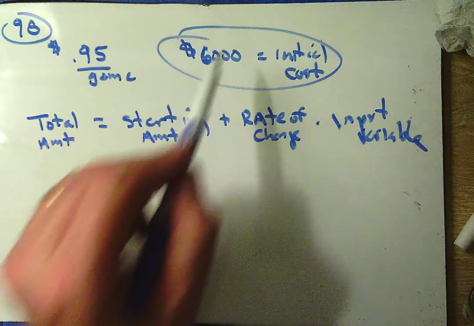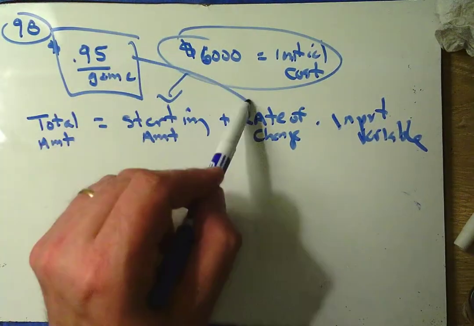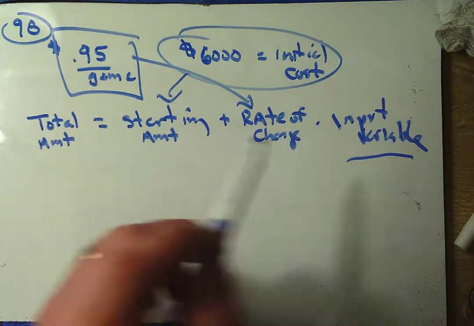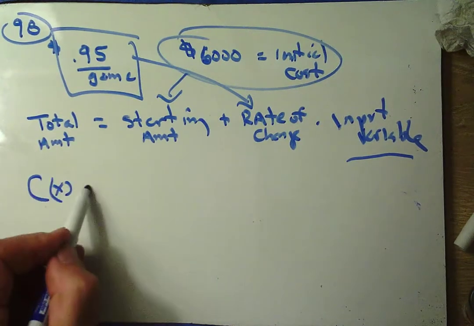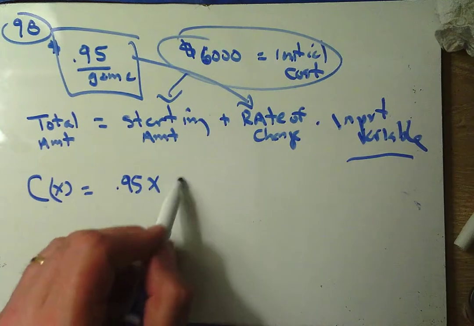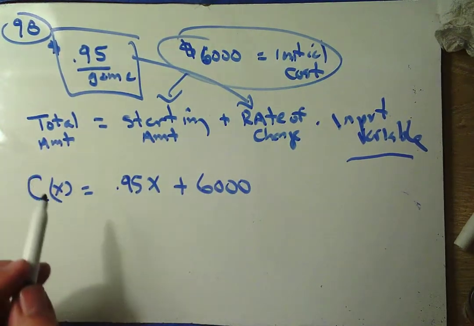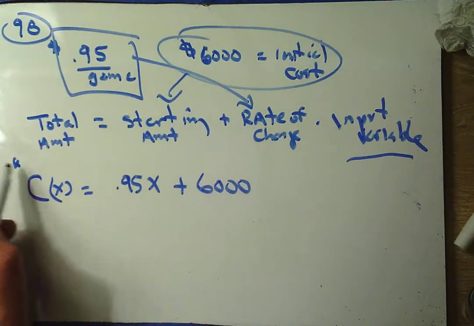Well, here's my starting amount, here's my rate of change, and my input variable, they said, should be x. So I think cost as a function of x is 0.95x plus 6,000. That's my answer to part A. Write the total cost as a function of the number of games sold.